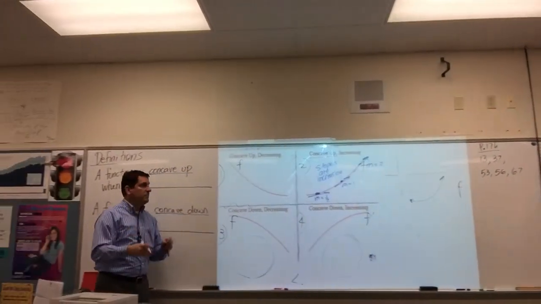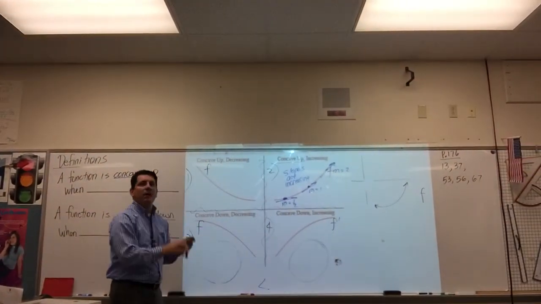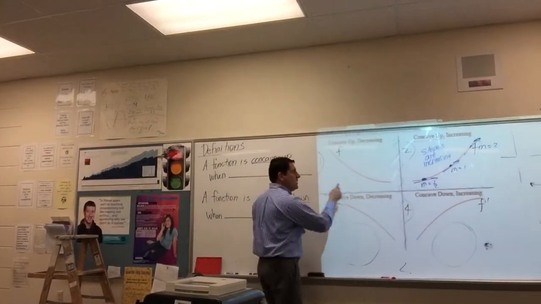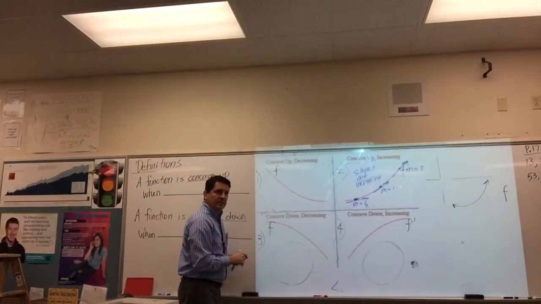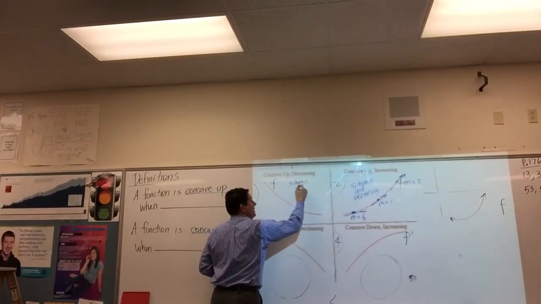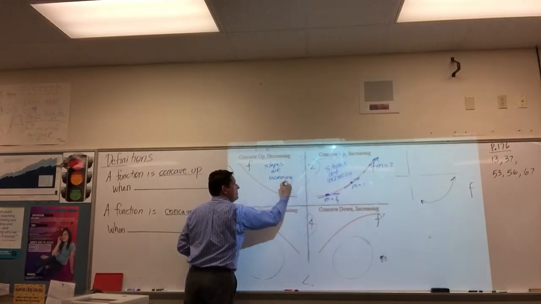They're increasing. And whenever we talk about that, we always say we're going from left to right. Okay? So what's the deal with this? How is that possible? The slopes are still increasing. But how is that possible?